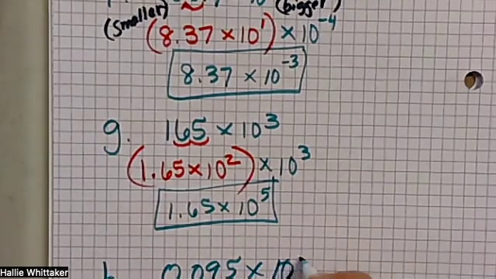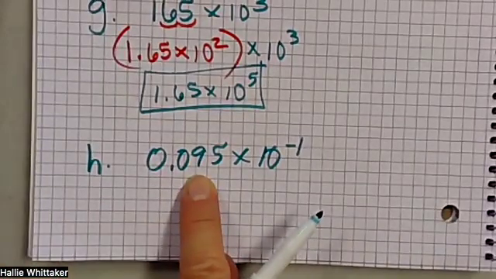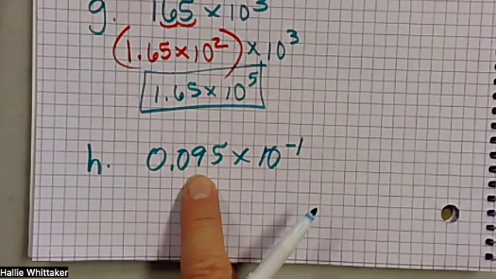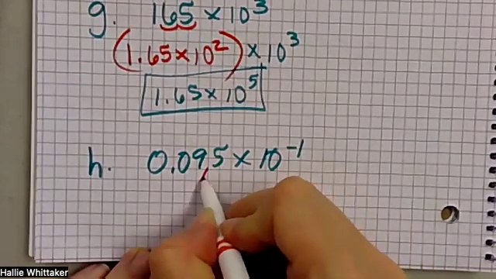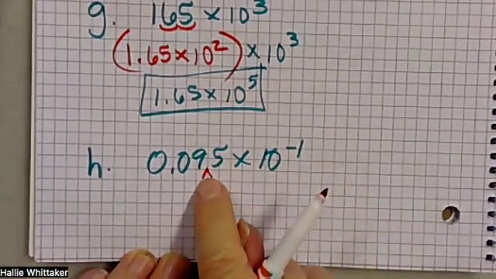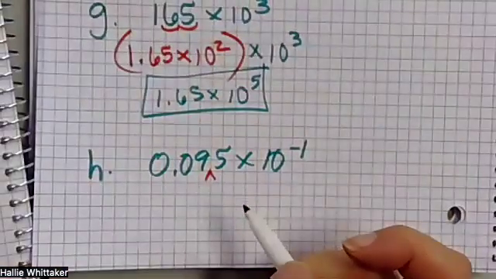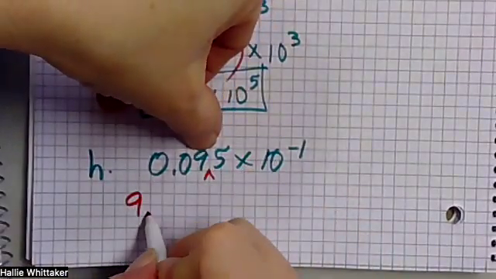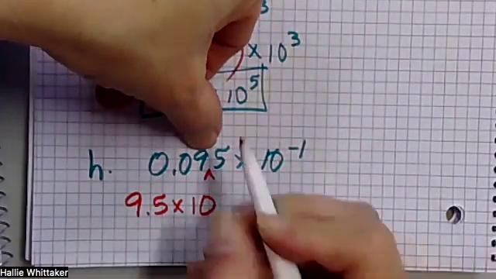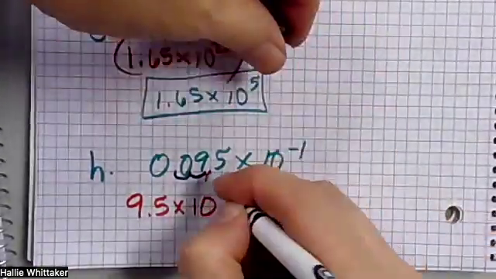0.095 times 10 to the negative 1. What's the problem with this? Yeah, it's too small, okay? We need it to be greater than or equal to 1. So we are aiming, I think you all can see this now, we need to put the decimal right there at 9.5. Again, if you think you know it, you can do it without watching me. Rewrite this part as 9.5 times 10 to the, and again, I'm going 2 places here, 1, 2.